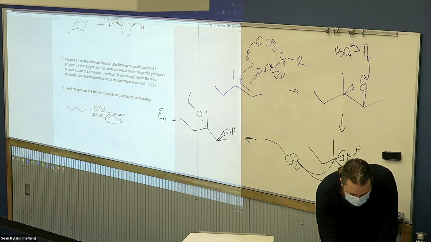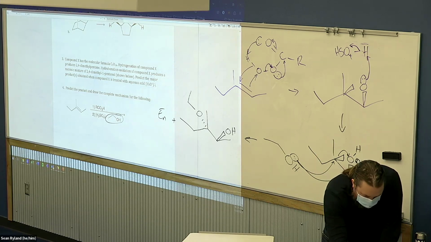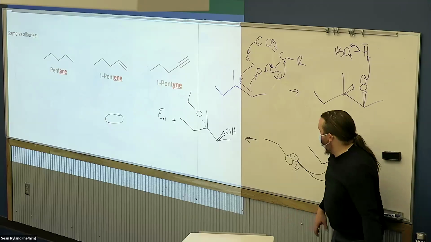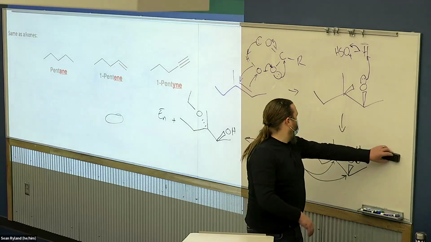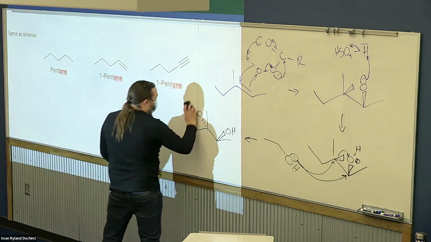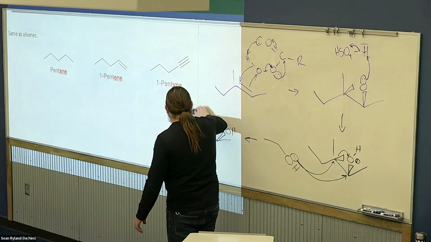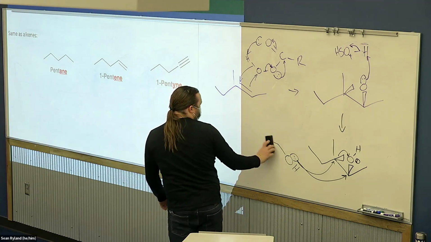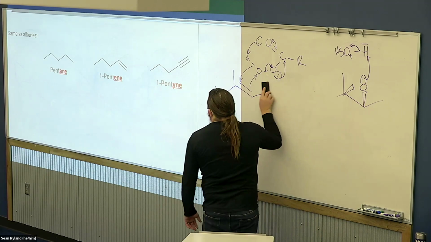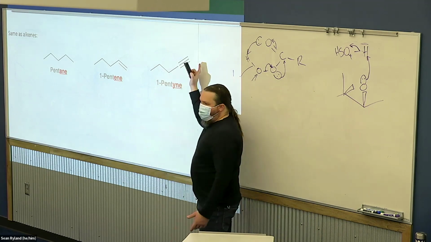Then we'll get into talking about alkynes. So alkynes are going to share a lot of similarities with alkenes. And it becomes pretty obvious to see why when we actually think about it, because it's still carbon-carbon pi bonds, right?